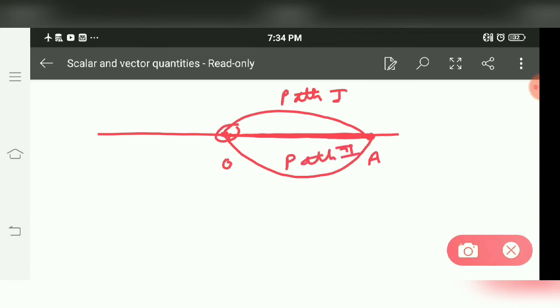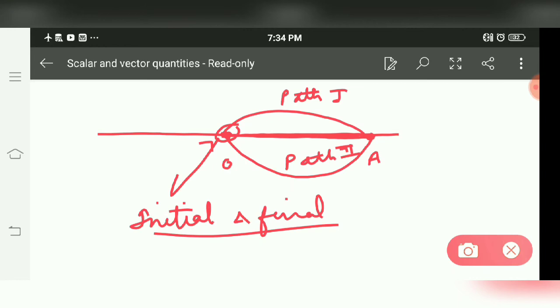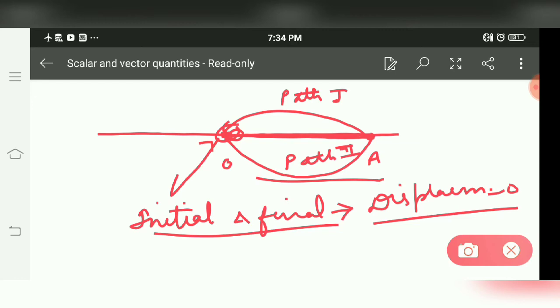But displacement is, initial point is this, and again final point is also this one. Final and initial both coincide. So in this case net displacement is 0. So distance is not 0, but displacement is 0.